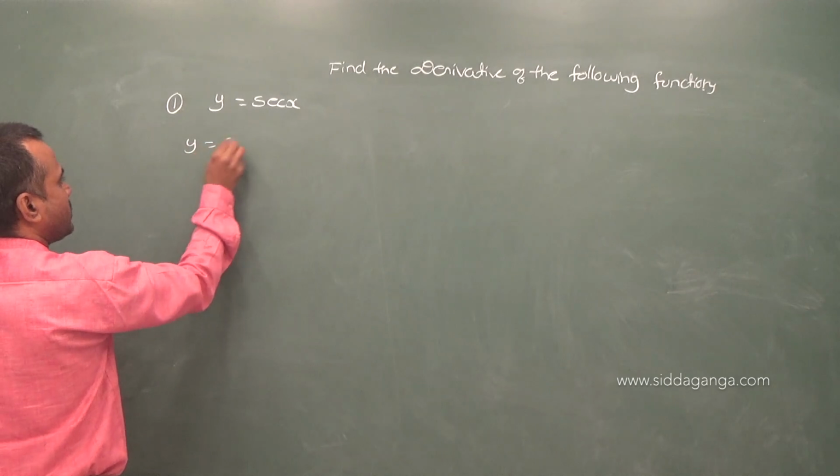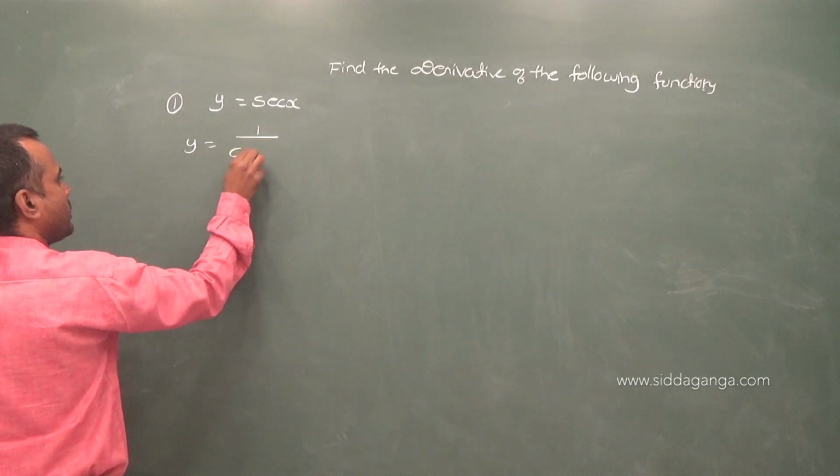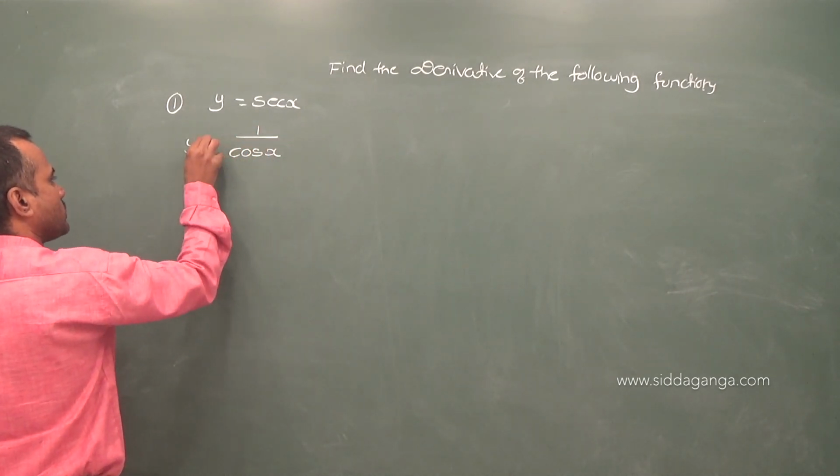I write like this. y is equal to 1 divided by cos x.